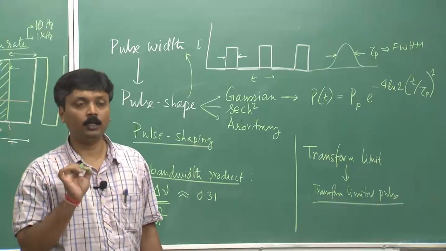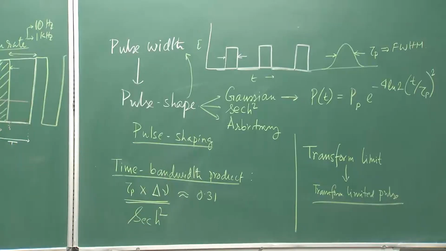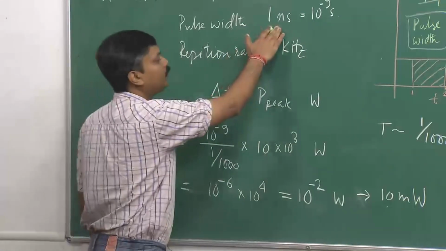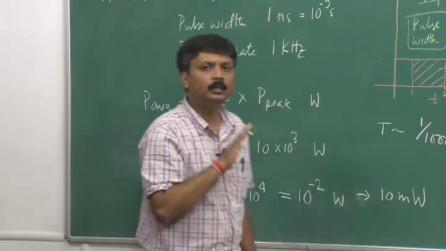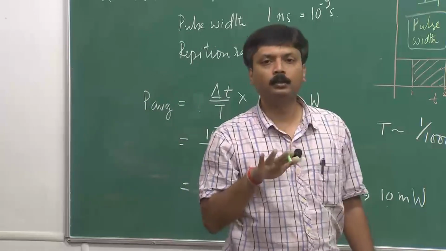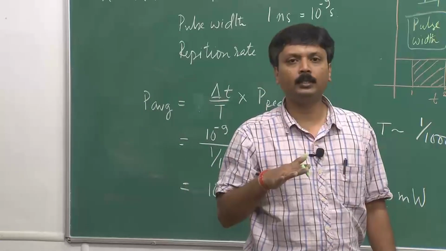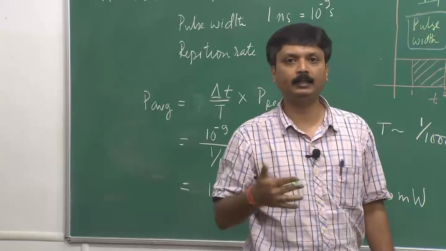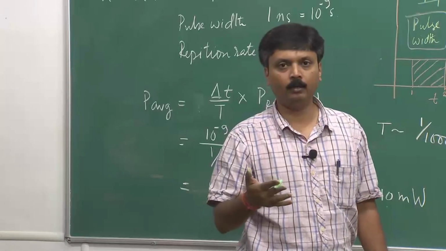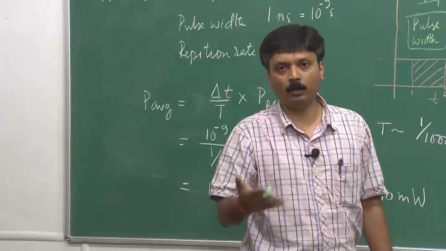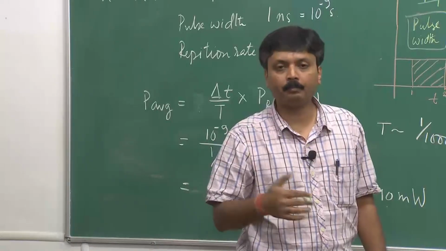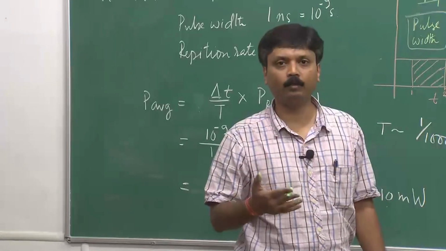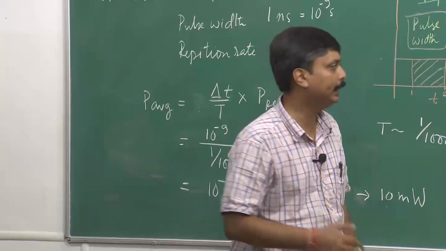What is ultrashort? We discussed a nanosecond pulse. This is a short pulse, but an ultrashort pulse is something like a femtosecond, that is 10 power minus 15 second, and beyond, like attosecond, on the order of 10 power minus 18 second.